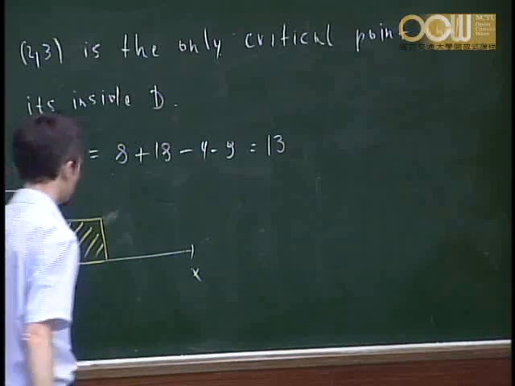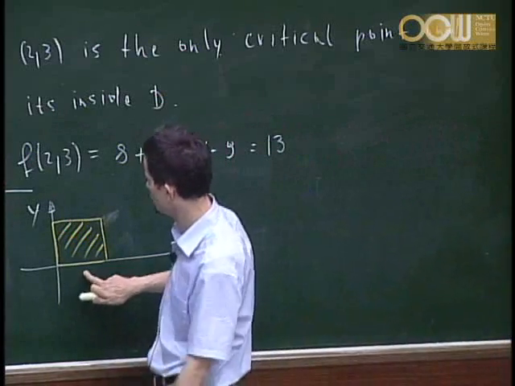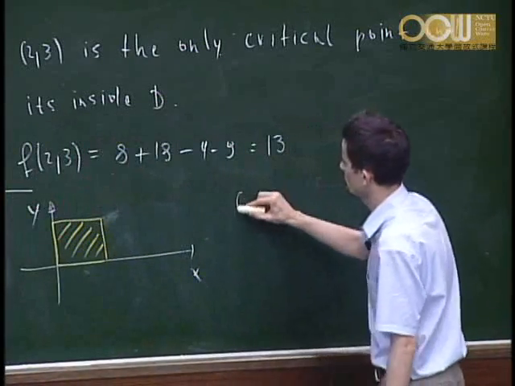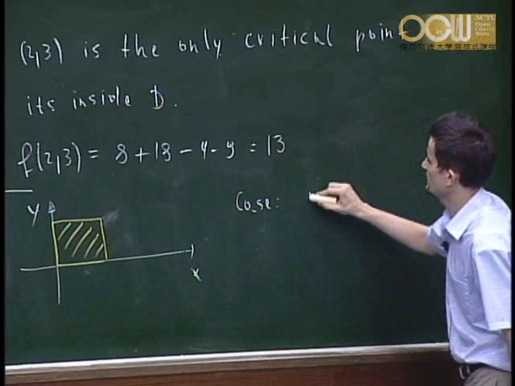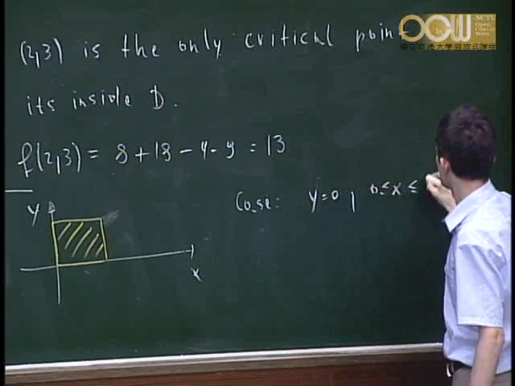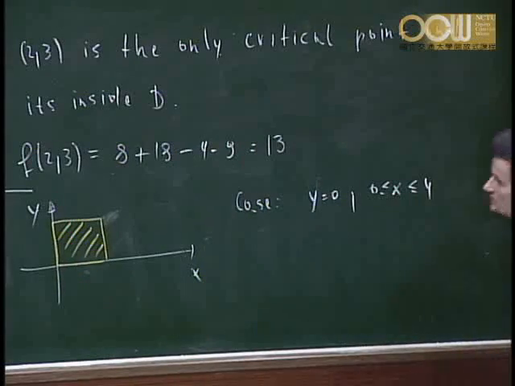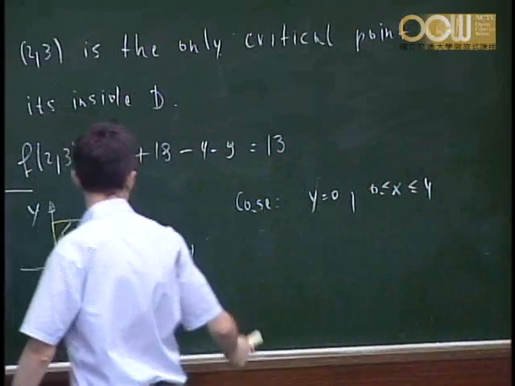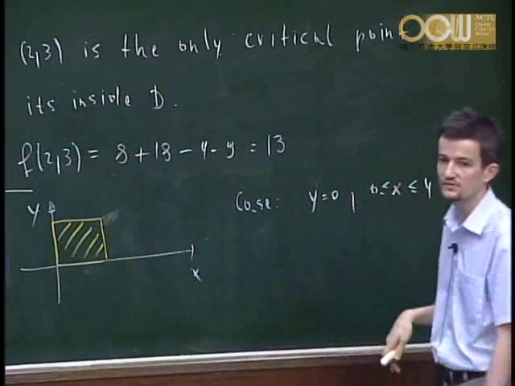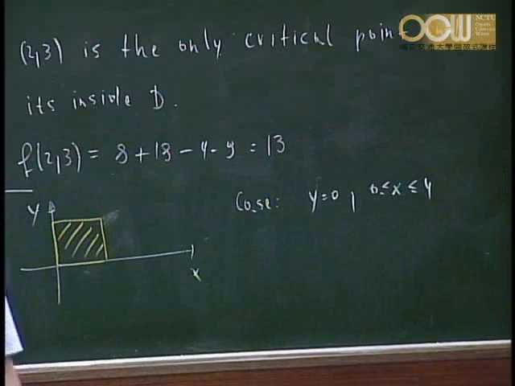Now for the boundary, of course, we will divide it into 4 cases. Case 1: y is equal to 0, and x is from 0 to 4. So we look at this part of the boundary. Always, if we look here or here or here or here, one of the coordinates is a constant. So what we get is just a problem for a function of one variable.